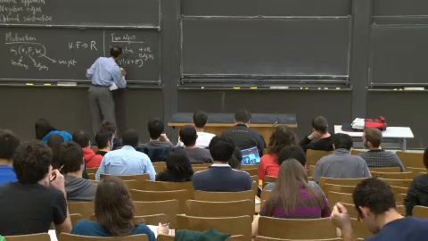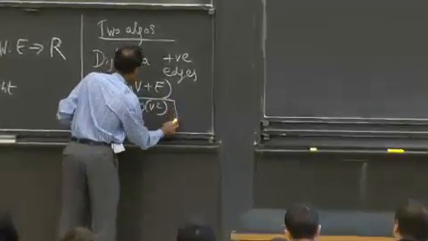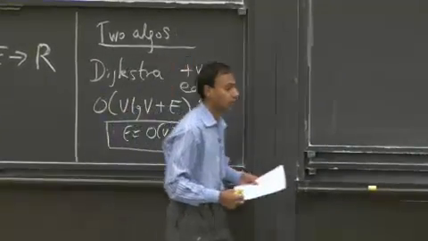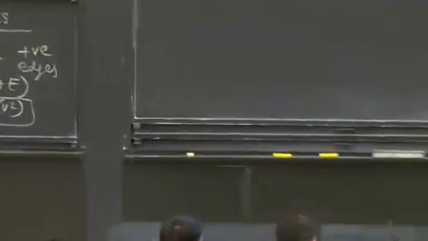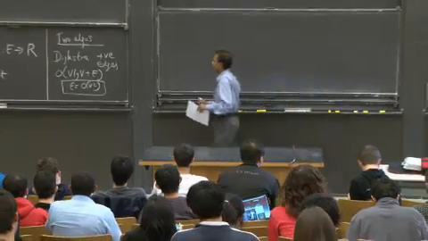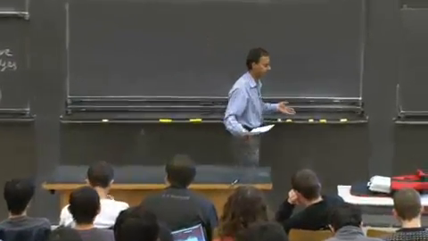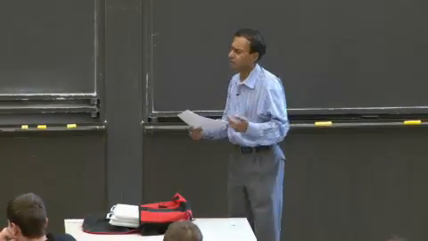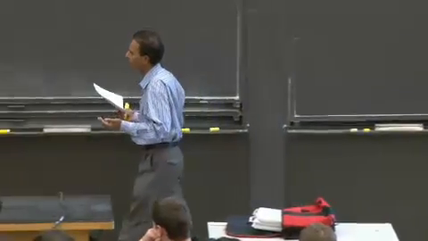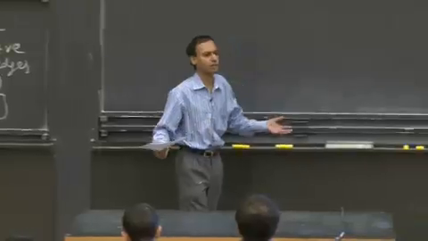So you can think of E as being order V squared. So now you can kind of imagine a complete graph. And a complete graph is something that has an edge between each pair of vertices. And that's where you'll get E being theta V squared.